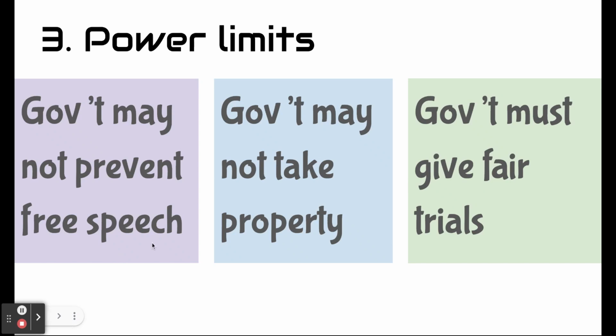The government may not take property unless necessary, and the government has to repay anything that they've taken. I don't know if you've ever watched a cop show or something where the cop is like, "I'm going to commandeer your vehicle." Okay, that could happen. Doesn't often though. And the government must give fair trials.